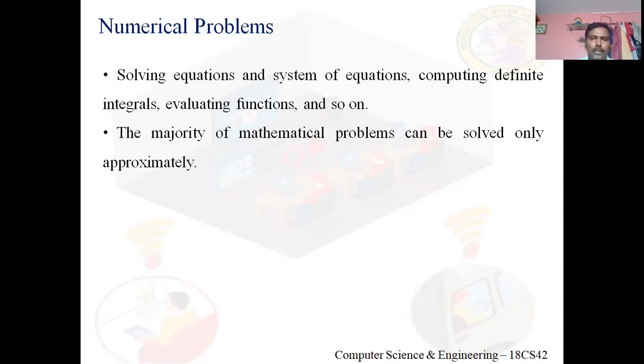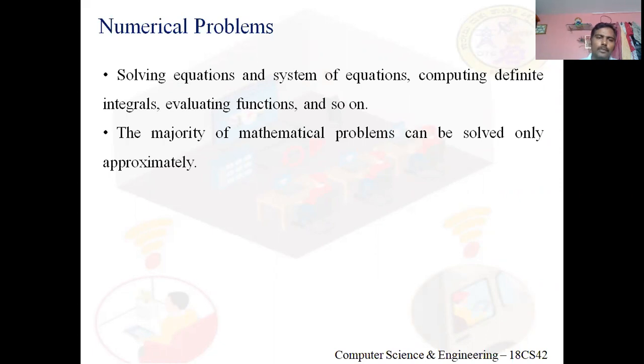Evaluating sine functions, like sine of x. How to design an algorithm to obtain sine of x, or to determine the square root of any number. Such problems include solving equations, systems of equations, computing definite integrals, evaluating functions, and so on.